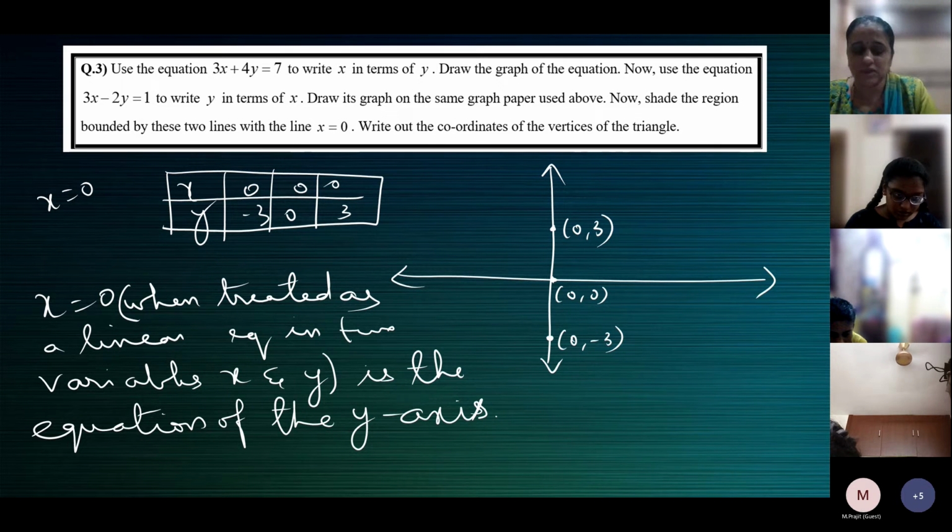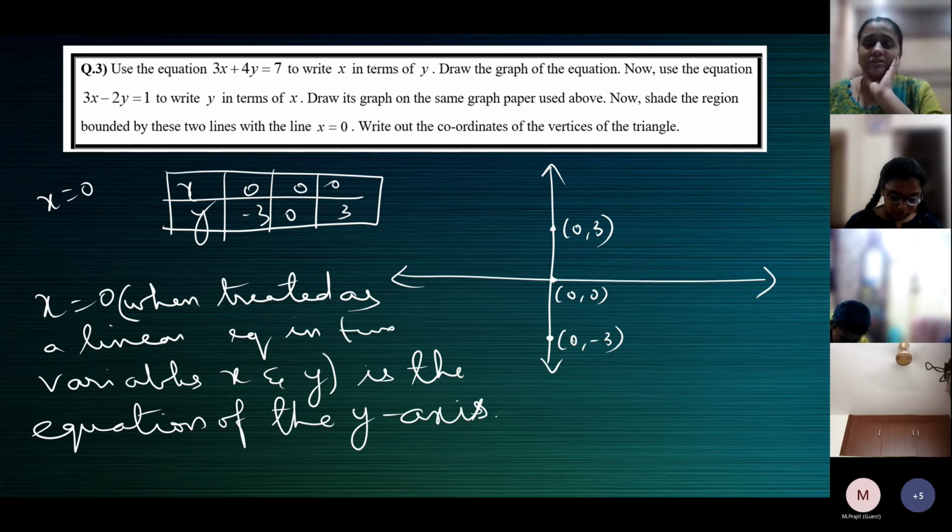So x is equal to 0 is the equation of the y-axis.